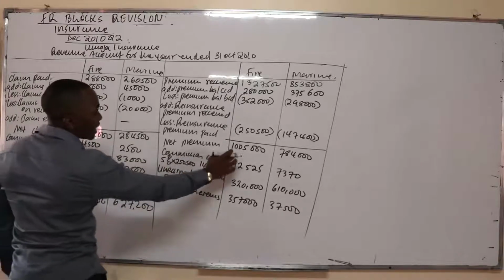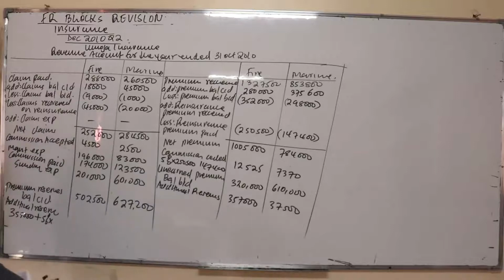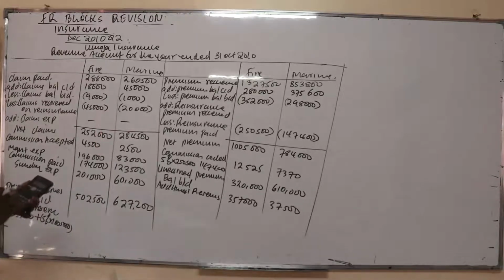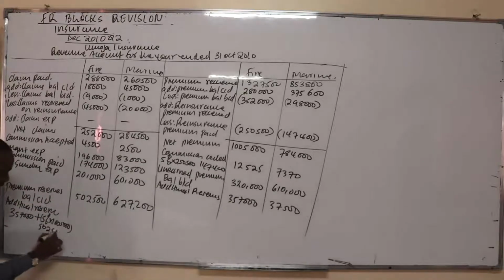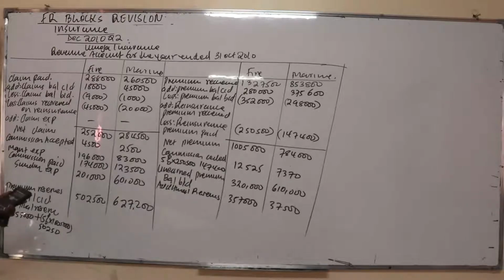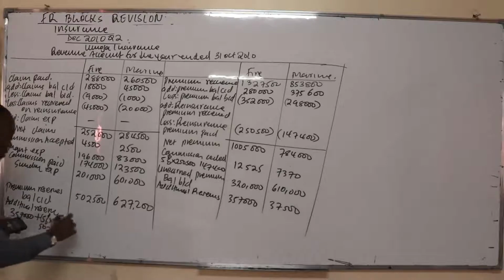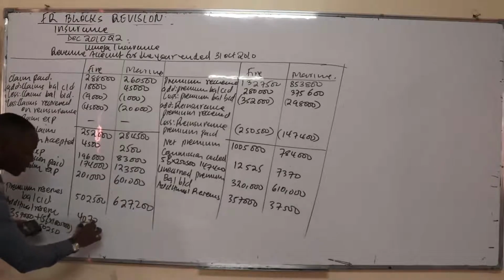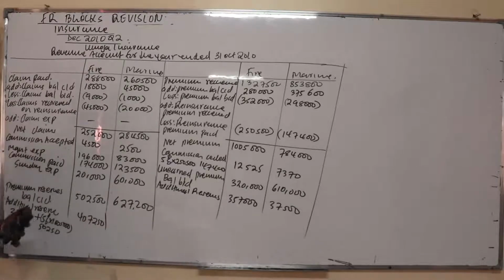For fire, our net premium was 1005, so you take 5% of 1,005,000 and you get 50,250. Then you add 357, so the reserves will be 407,250.